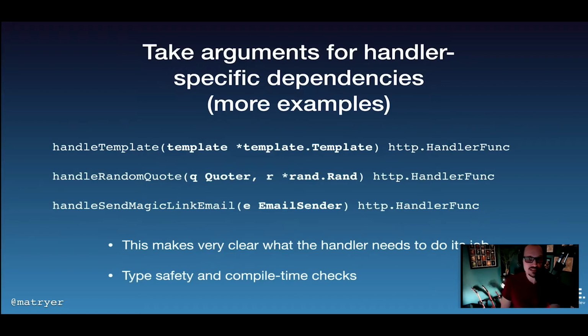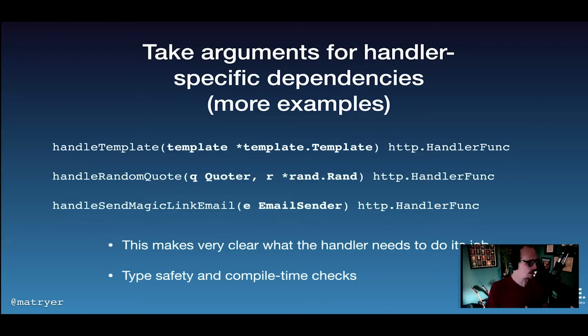And here are some more examples, and these are real examples that I've used before. One that's quite interesting is passing in the rand for random numbers. If your handler is working with random numbers and you take the rand in as an argument, when you write test code, you can control the seed. You can pass in a predictable random number generator, and that might help you test.